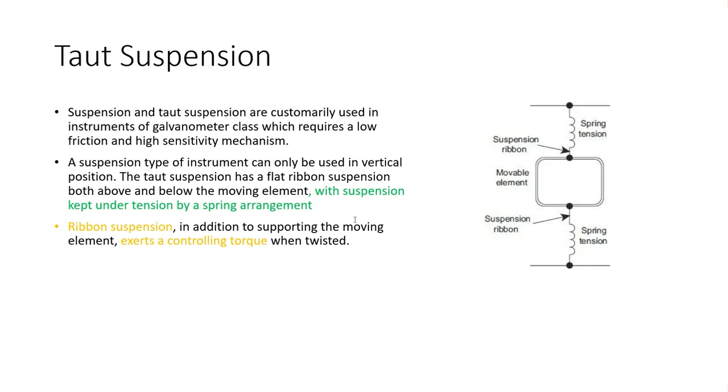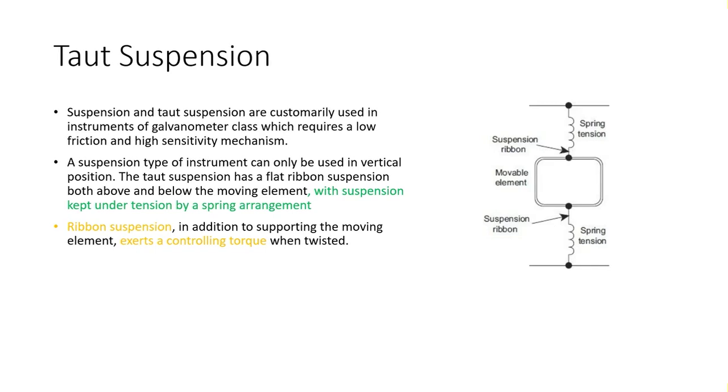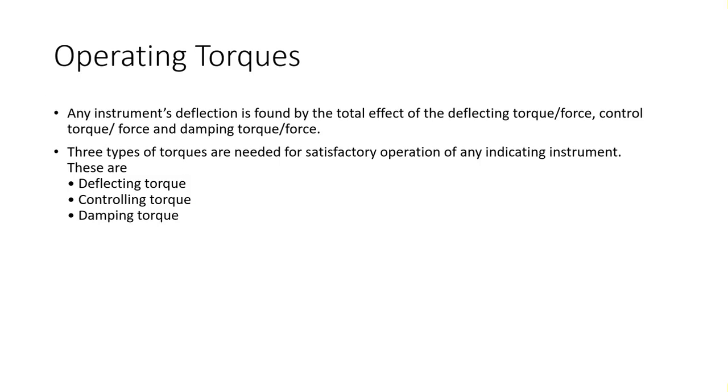So these instruments use some torque mechanism. There are many types of torque, but the basic torques which can be derived from these are the deflecting torque, controlling torque, and damping torque. Any instrument that is deflecting must be controlled and must be damped for getting a good reading.